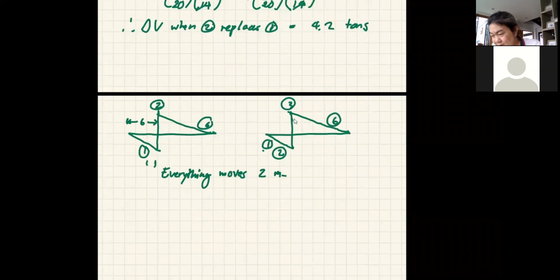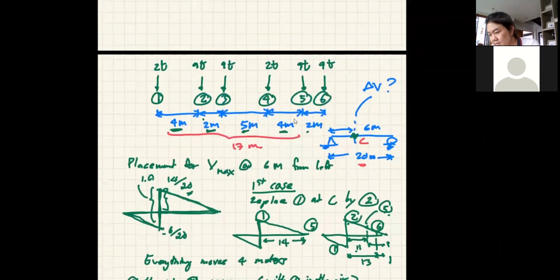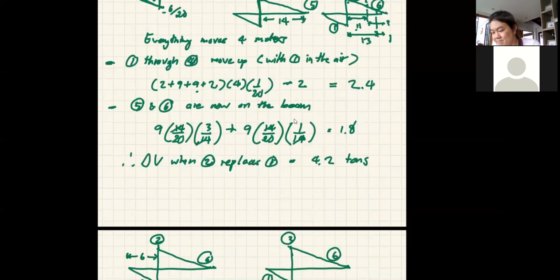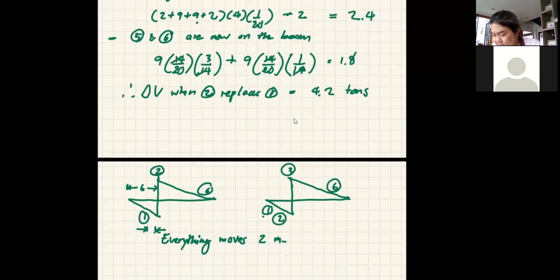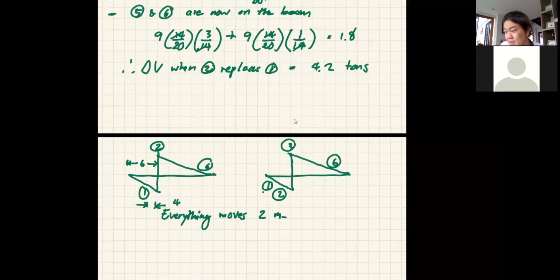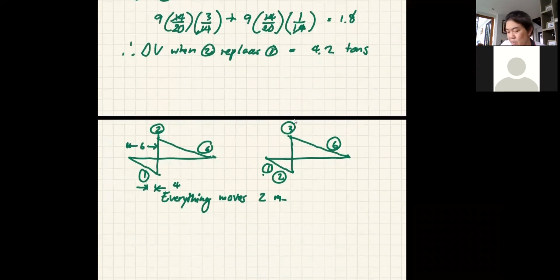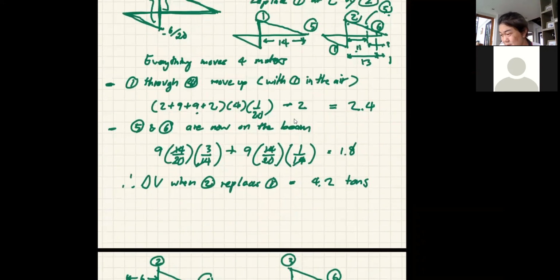And now load number 1 and number 2, they are 4 meters apart. Everything moves 2 meters. So load number 1 just sits there at the 0 value. Okay, so it's nicely done, because you can say it's still on the beam, and you can consider the load number 1 moving up the slope and sits there.